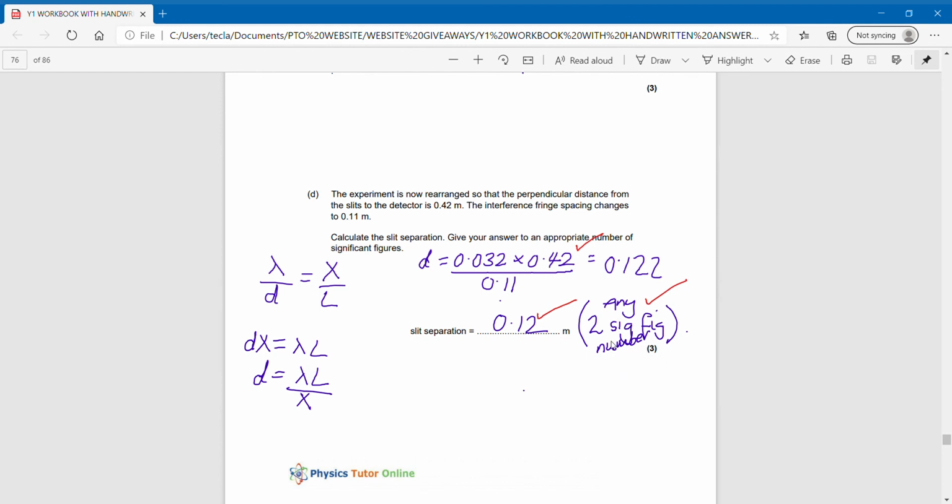Just being really careful here where it says to give your answer to an appropriate number of significant figures. The values given in the question are both to two significant figures, so you can't state an answer to more than two significant figures.